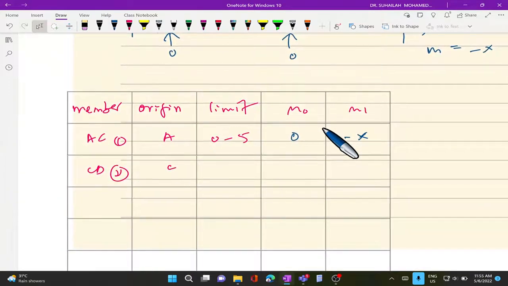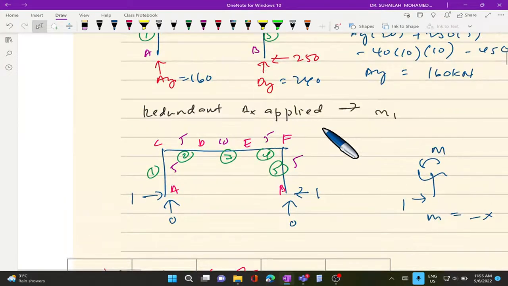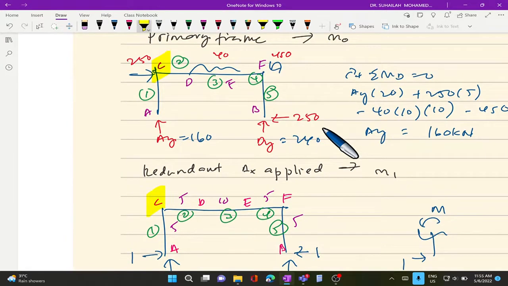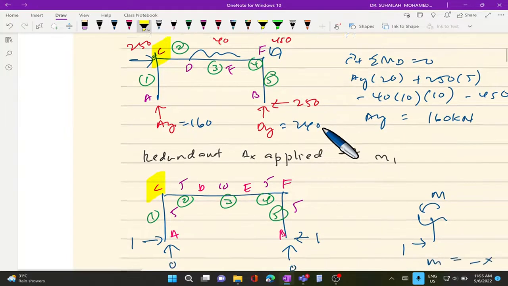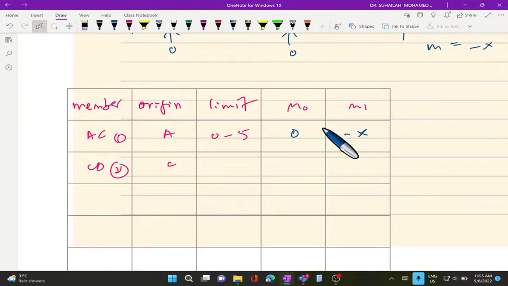So let's say not A, it is C, because X must move in a straight line. So we choose C. CD, origin C, limit 0 to 5.